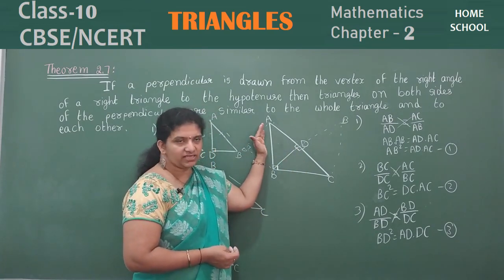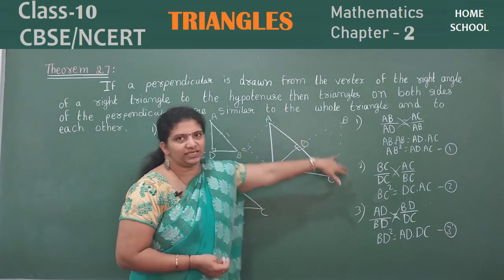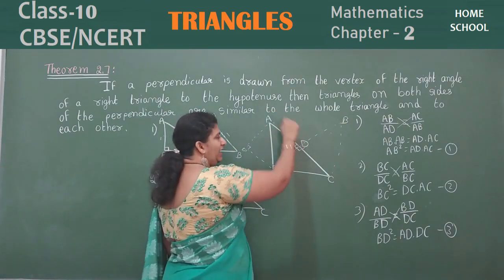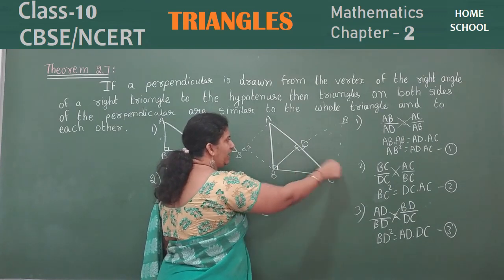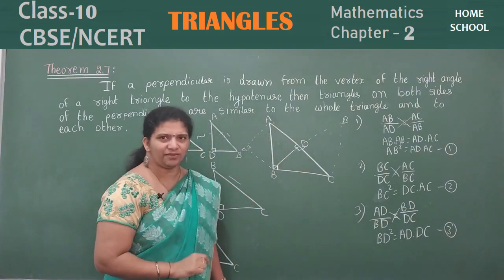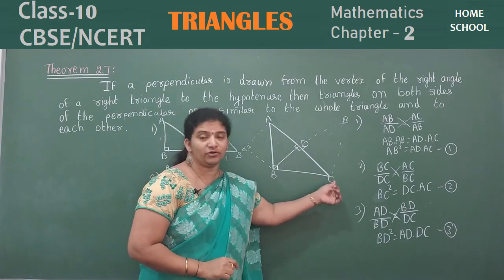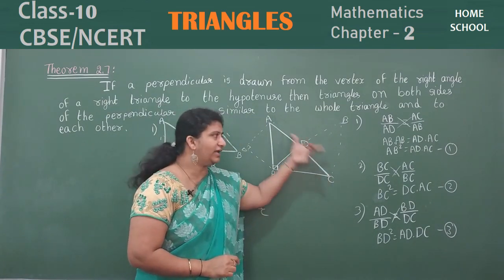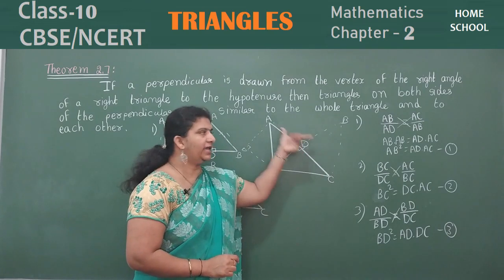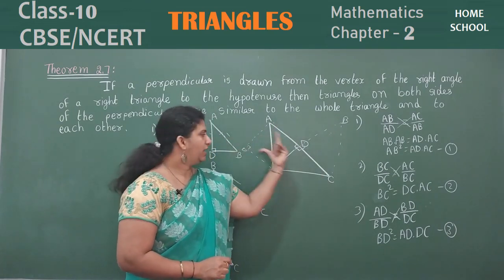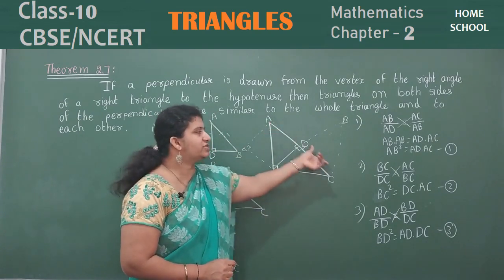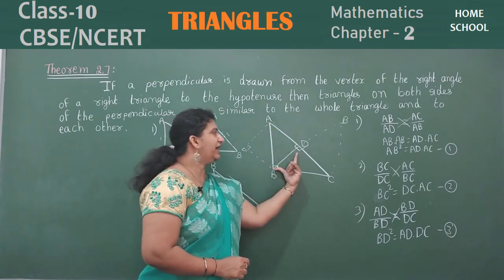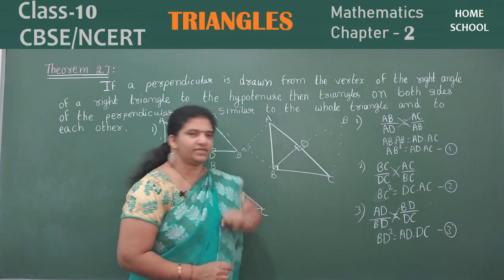AB square is equal to AD into AC. BC square is equal to CD into AC, or CA. Which letter is touching the hypotenuse? Observe there, from their part and whole. CD into CA or AC. Now when I talk about this perpendicular, only the parts you need to multiply. BD square is equal to AD into DC.